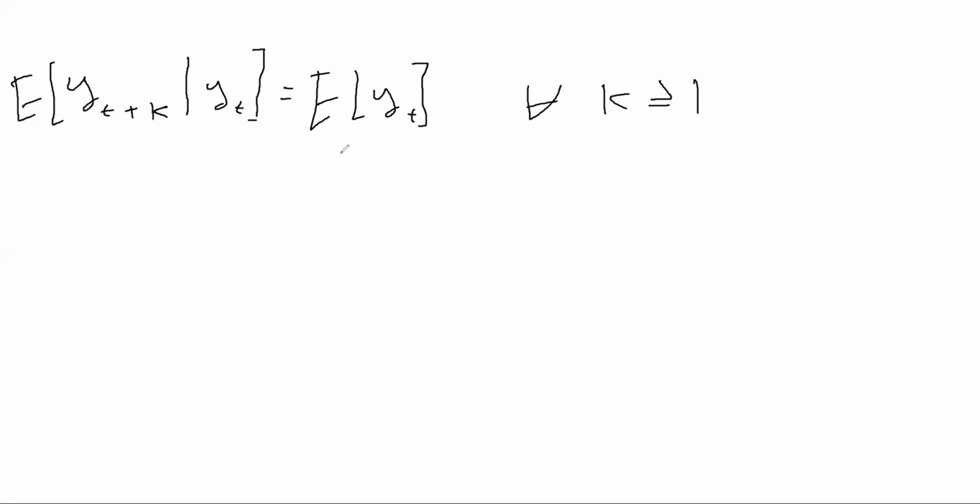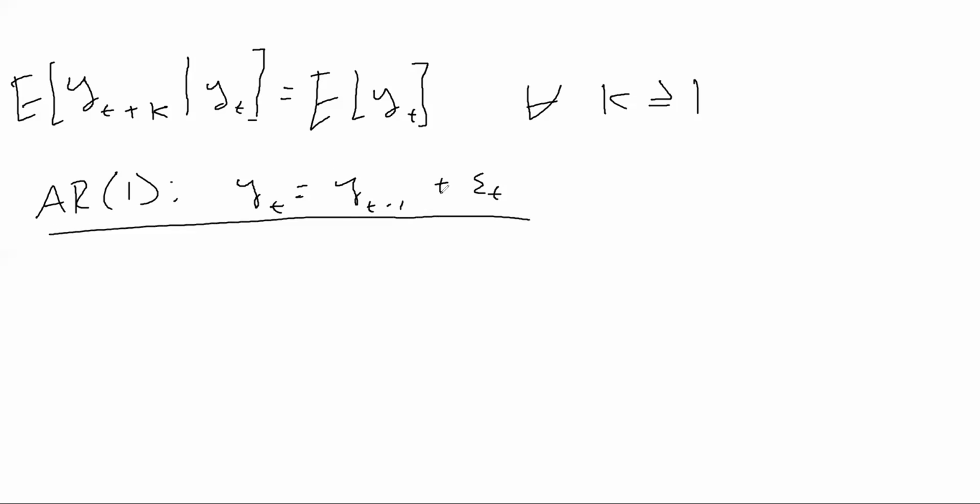Remember that this specific random walk is an autoregressive first order AR process where our beta 1 is equal to 1. It's a unit root: Y_{t-1} plus our error term. So this is our unit root process. It's a very specific case of a random walk.